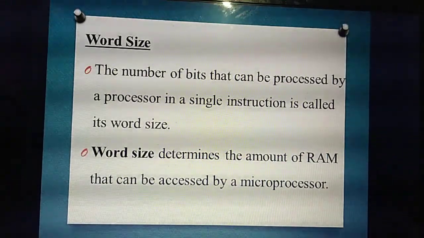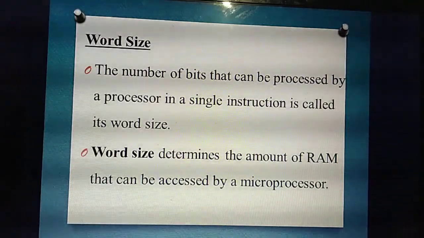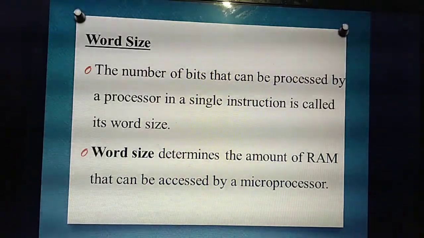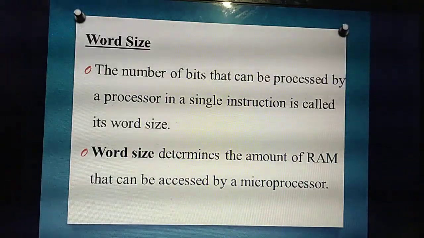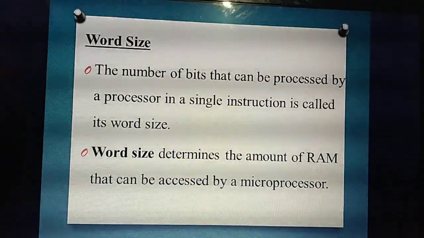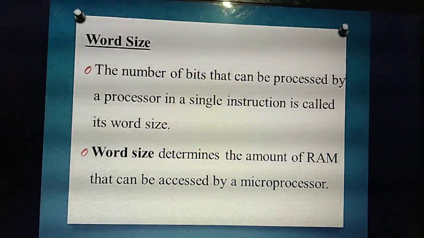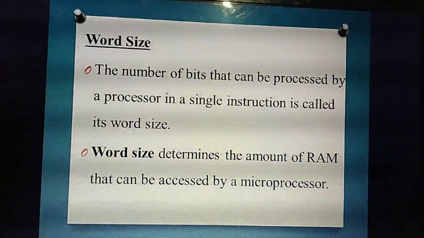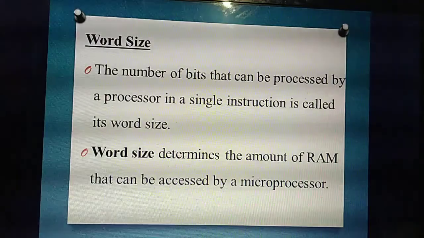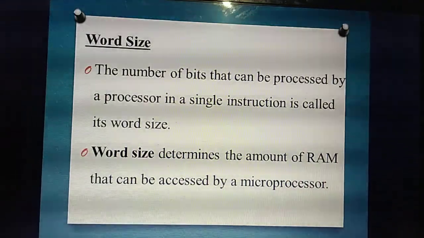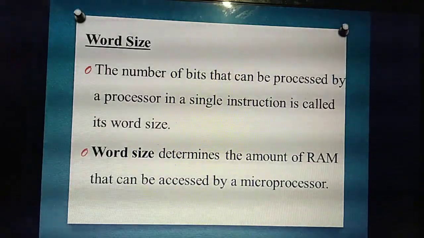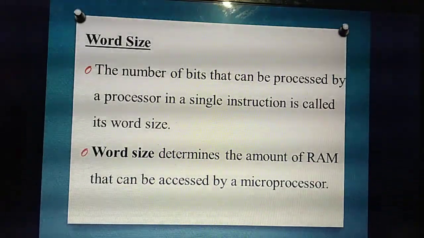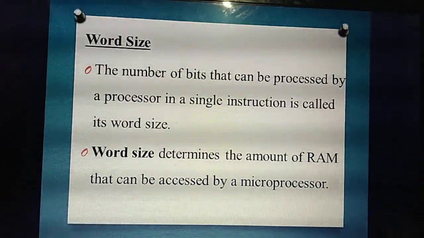Already you have studied about RAM. So how much capacity, how much portion or storage space of the RAM can be accessed by a microprocessor, based on that they determine word size. Understand? So what's the third characteristic of microprocessor? Word size. You are giving commands or instructions to a computer to do a particular task, isn't it?